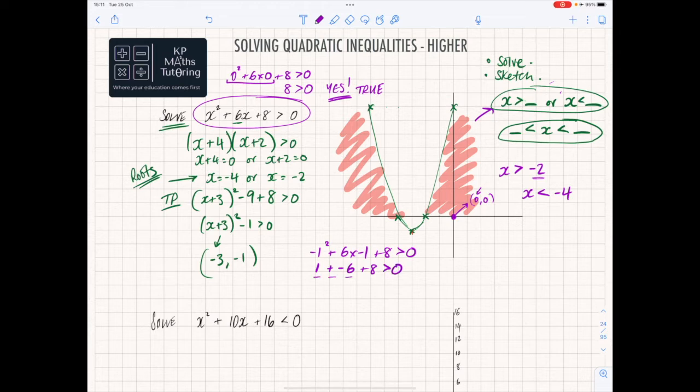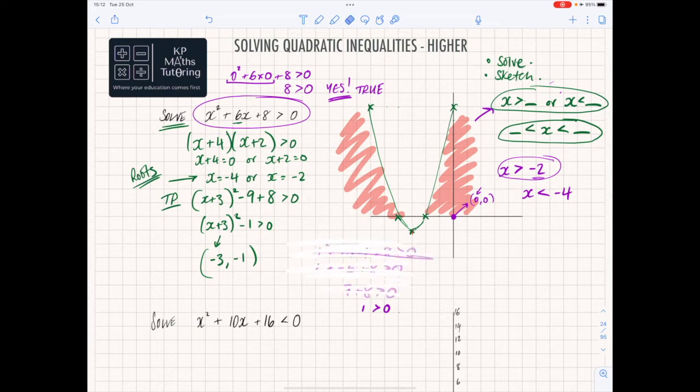Well, 1 plus minus 6 is minus 7. Minus 7 plus 8 is 1, and 1 is greater than 0. So when I substitute in the first value it could possibly be, remember it's saying x is greater than minus 2, and because it's got to be greater than minus 2, it has to be minus 1. That's my first value I could use, so I've substituted that in there to check that works.